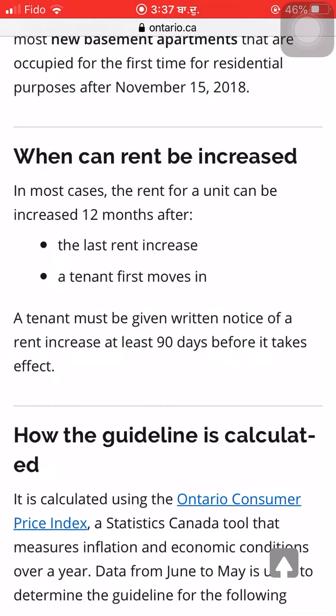A tenant must be given written notice of a rent increase at least 90 days before it takes effect. If your landlord wants the rent to be increased on January 1st 2020, she or he has to give you written notice 90 days, like 3 months, prior to increasing the rent.